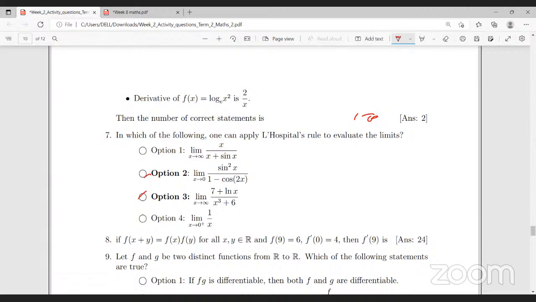Okay, sir. Question number 8. What we have to find out? f dash of 9. Given this 9, 0, f. So I can write it as f of 9 plus 0. So my x will be 9 and y will be 0.